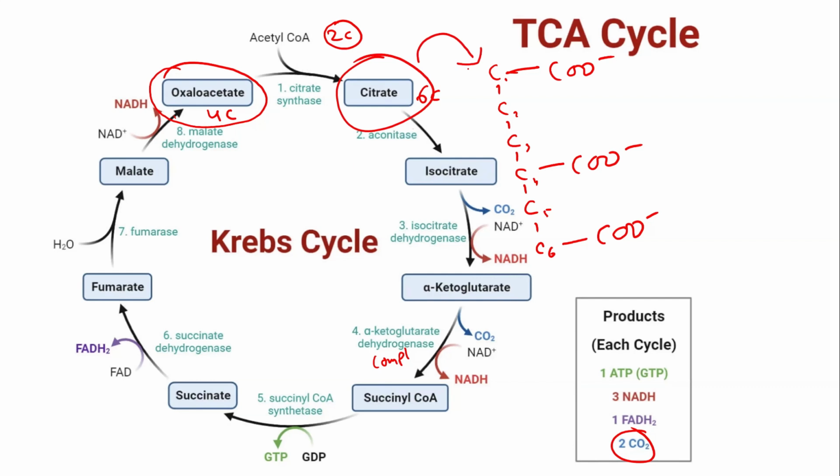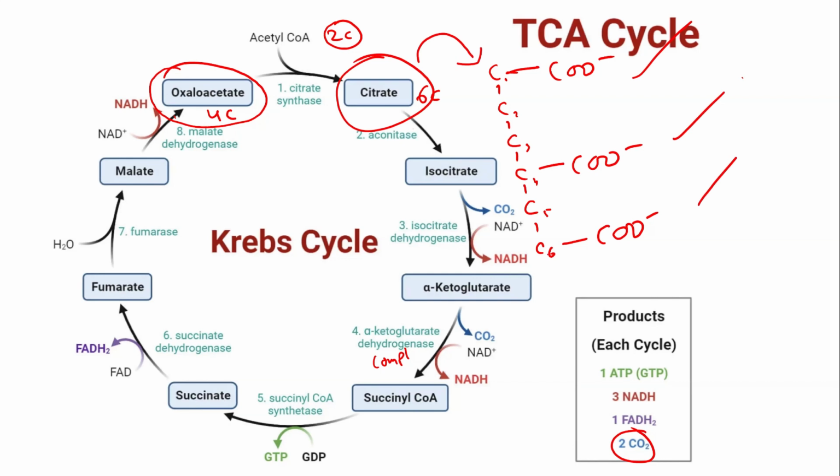What is TCA? Tricarboxylic acid cycle. Tricarboxylic acid is nothing but citrate or citric acid. Citrate is a tricarboxylic acid. It has 3 carboxyl groups like this. That is why the name. Just in case you are wondering why it is called TCA, this is why it is called TCA.